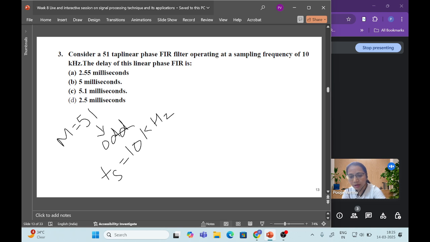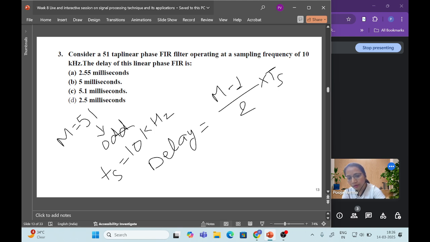So for that, the formula to calculate the delay is: delay is equal to (M minus 1) divided by 2, times Ts. And already we know that Ts is equal to 1 by Fs, right? Here the sampling frequency is given. So how can we calculate the delay?